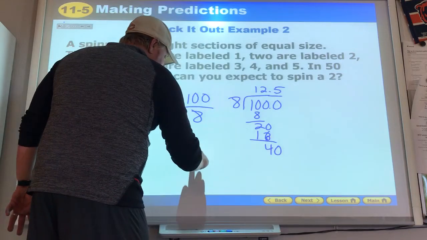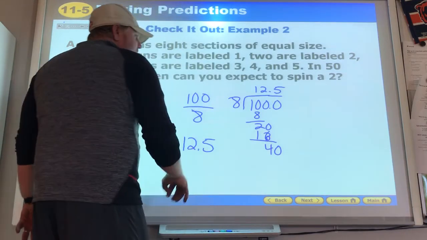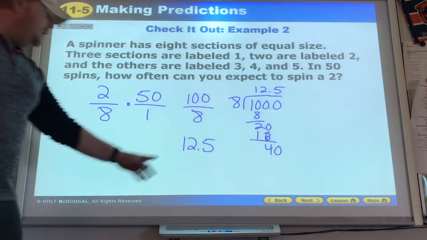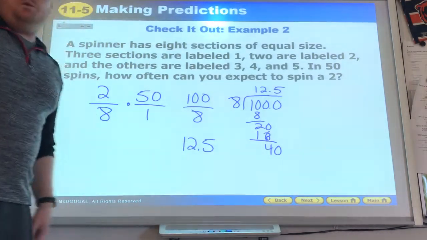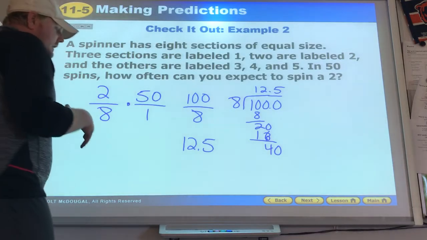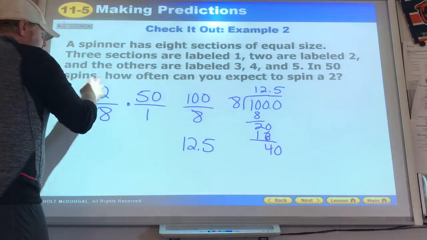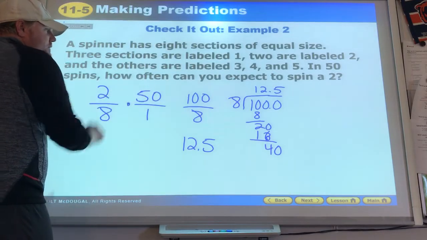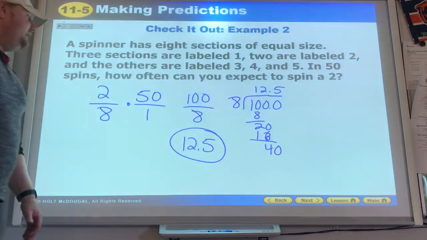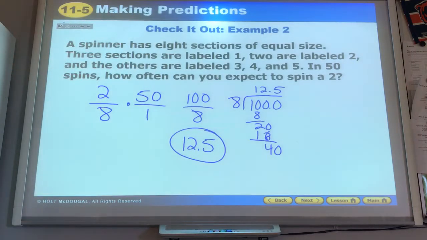So 12.5 times we can expect to spin a 2. That doesn't make sense. Since it's 12.5, we could say 13, or I'll accept 12. Around 12 times would be the expected answer, okay? The probability times that total number of spins will give us how many times we're likely to come up with that number we want, okay?